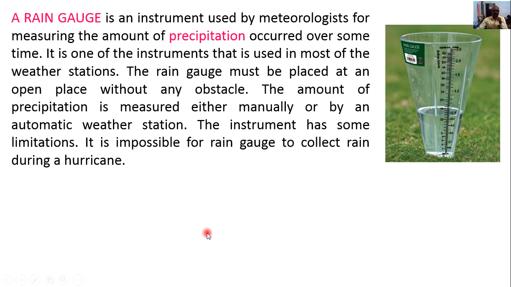Now, a rain gauge is an instrument used by meteorologists for measuring the amount of precipitation that occurred over some time. Meteorologists are the scientists who study the weather.